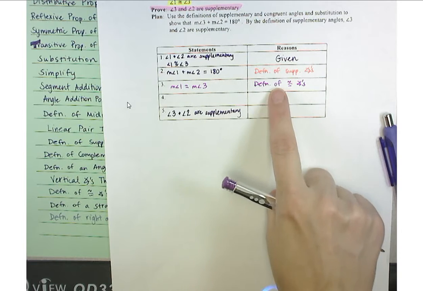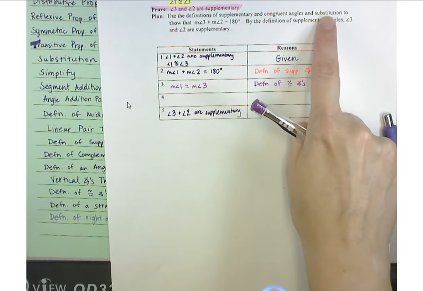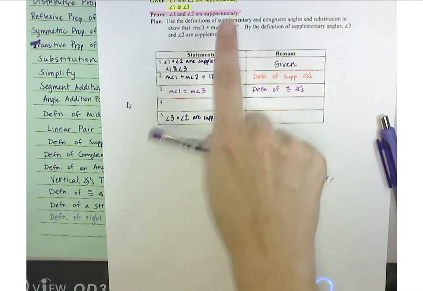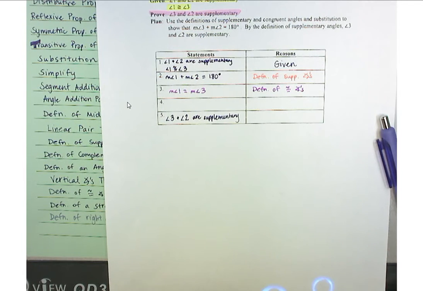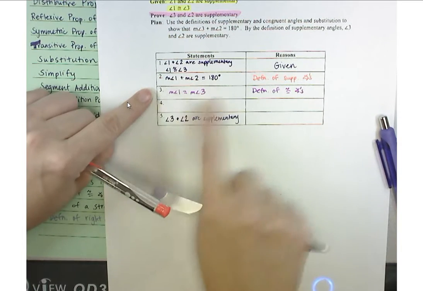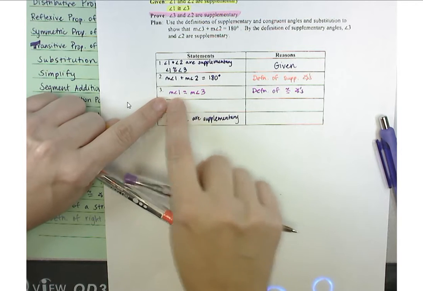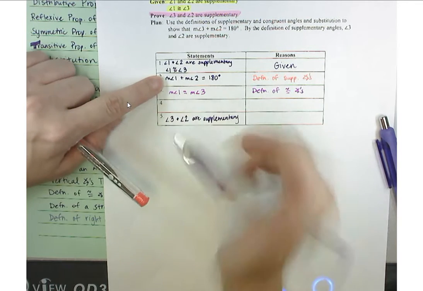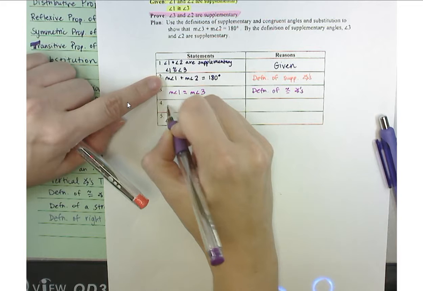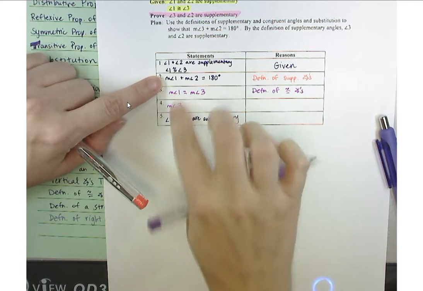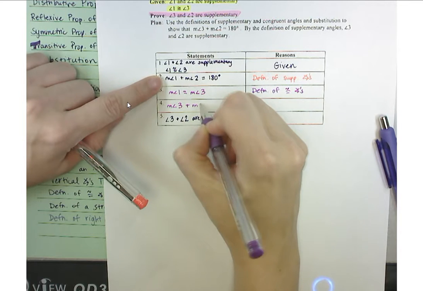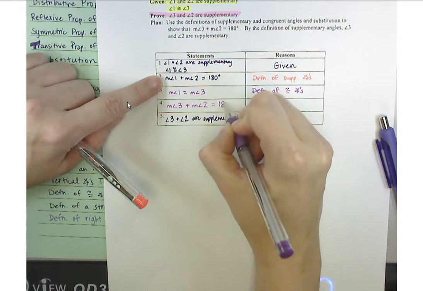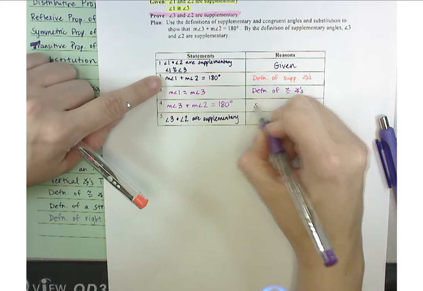We have congruent angles. Now we want to use substitution to show that the measure of angle 3 plus the measure of angle 2 equals 180. So really, they just gave us our next step. But even if it wasn't given, if these are equal, you can replace the measure of angle 1 with the measure of angle 3 because they're equal. So the measure of angle 3 plus the measure of angle 2 is going to equal 180 degrees, and that would be by substitution.